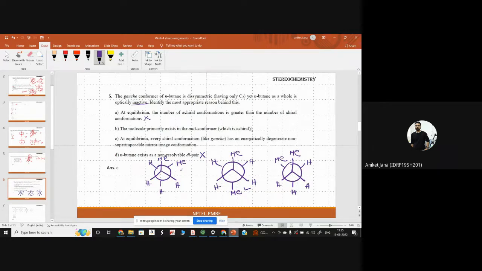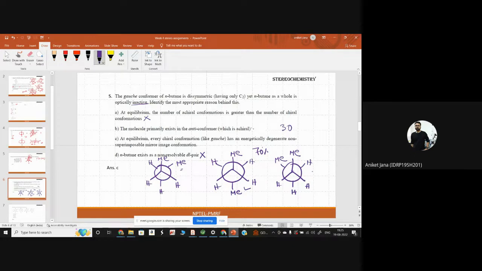Sir, as it is stated that 70% of the conformation is anti. Yes. 70% is anti, right? But not 100%. So the other 30% exists as the gauche one. Yes, sir.